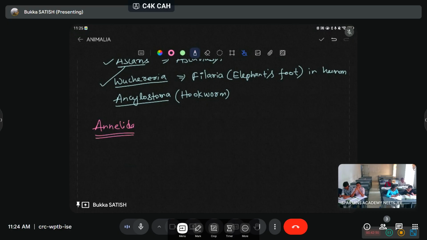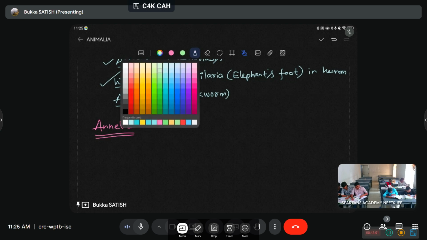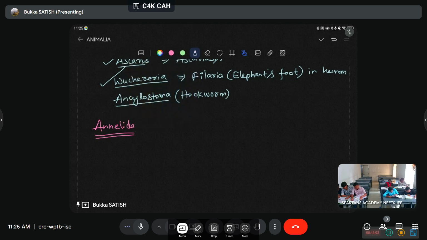Done, finished? Right. Coming to this group, annuli means rings. Annulus is ring, annuli is rings. Why is this called annuli, or the name rings here?